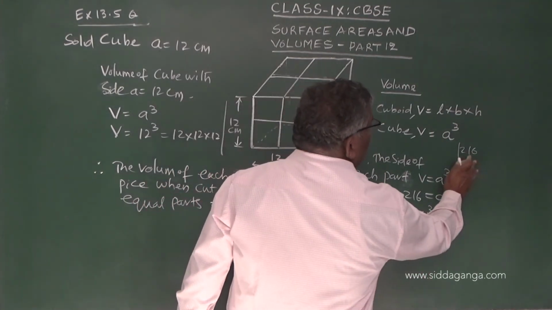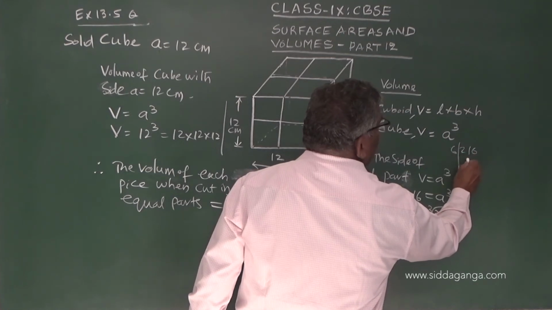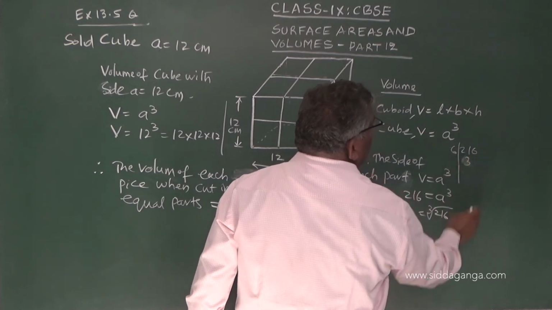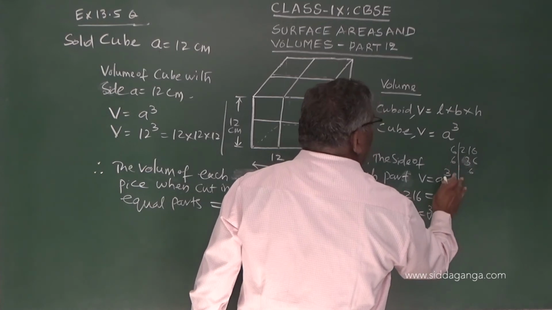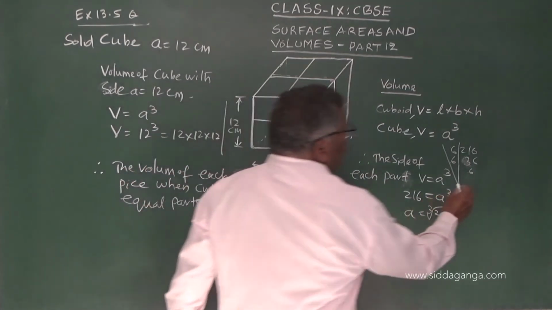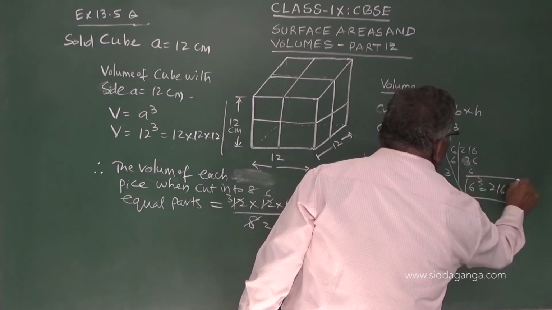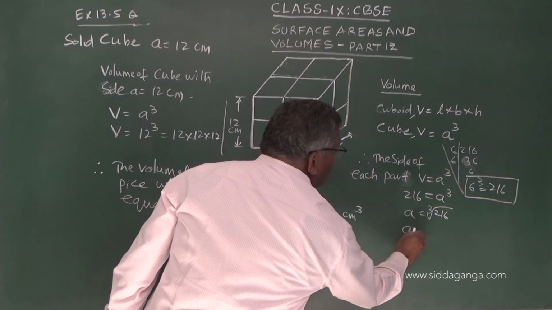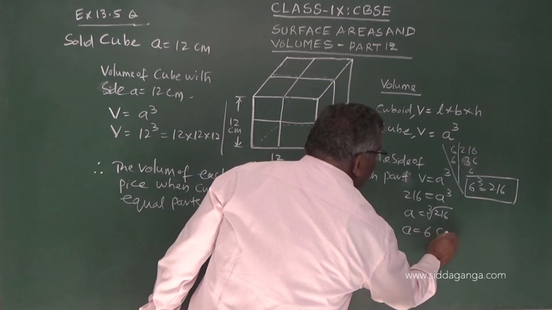So 216 is 6 cube. If you factorize, you will get a equal to 6 centimeter.